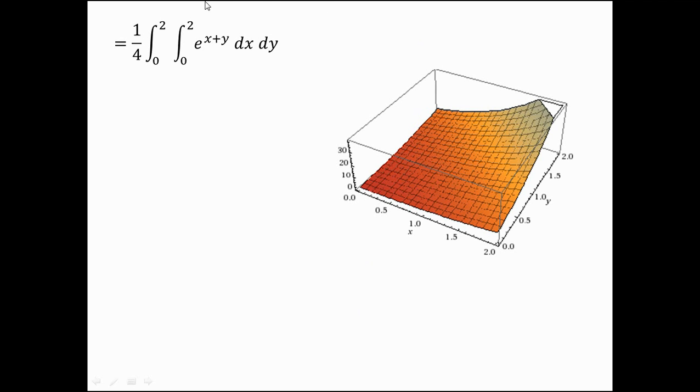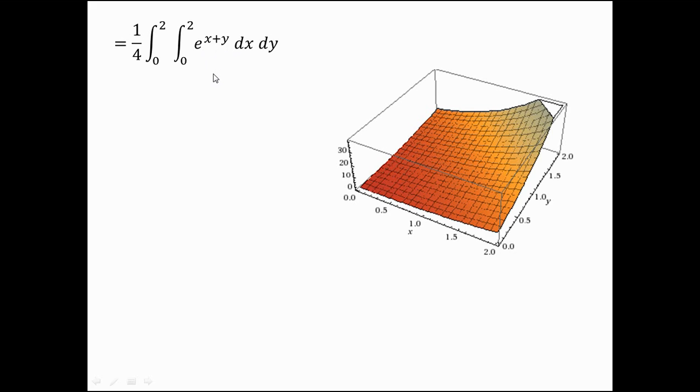Alright, so let's evaluate the average value here. To solve this, we first do this partial integration. So what's the partial integration of this function? Well, we have to find the antiderivative of e to the power of x plus y. We could use substitution here: let u equal x plus y. You'll find that the antiderivative of this function is itself, e to the power of x plus y.